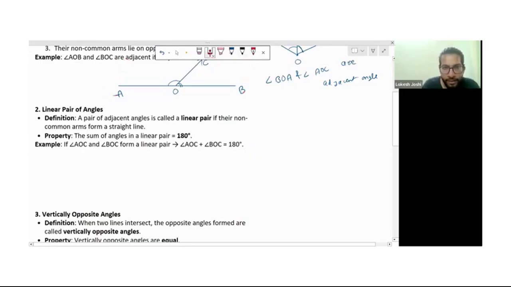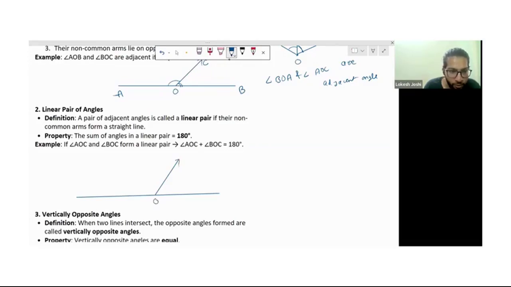So if the adjacent angles are made such that, this is the vertex O, this is B, and this one is A, and it's C. So we know angle AOC, this one, and angle BOC, this one, both are adjacent.